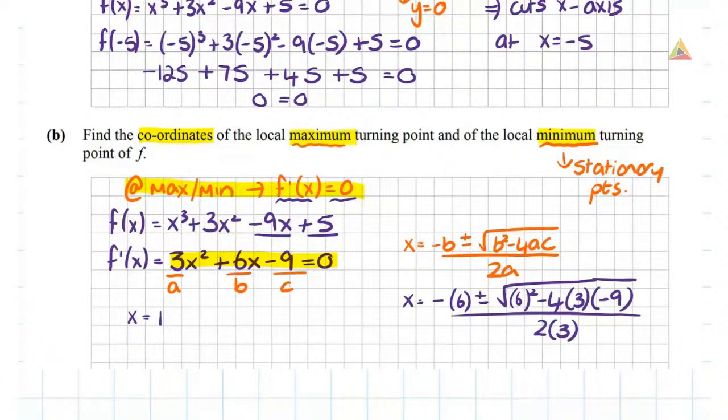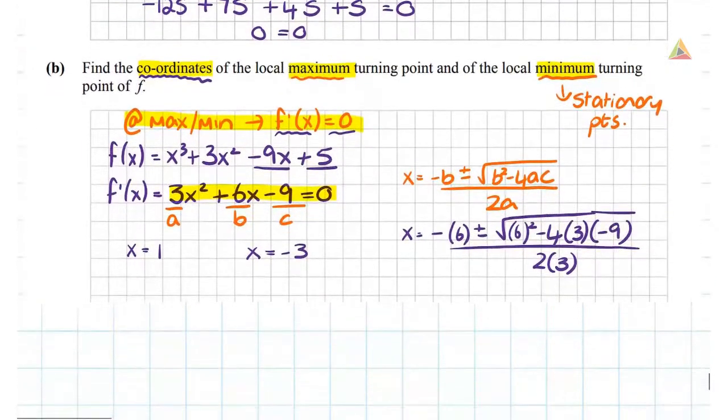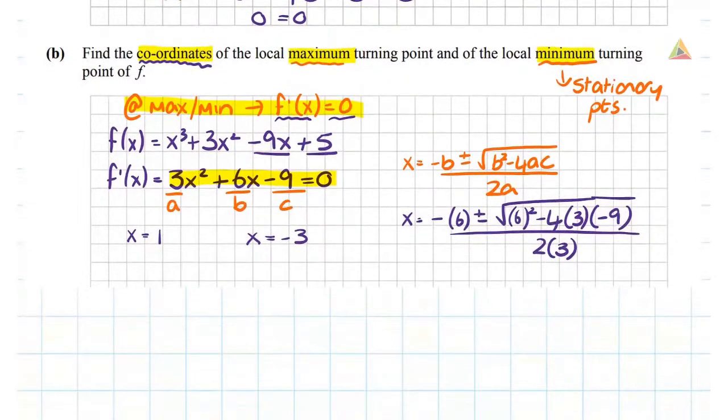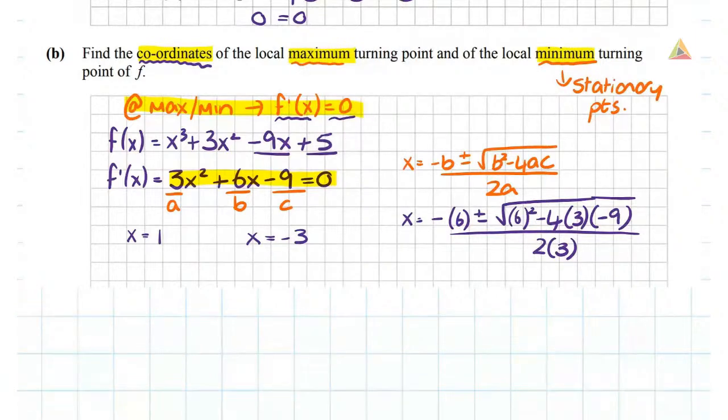One answer is x equals 1. The second answer is x equals minus 3. But remember, it asked us up here for the coordinates of the max and the min. So before we figure out which is a max and which is a min, using our second derivative, we're going to work out what the y coordinate for each of those x's is. So we're always subbing back into the original, because remember, f of x and y are exactly the same thing.